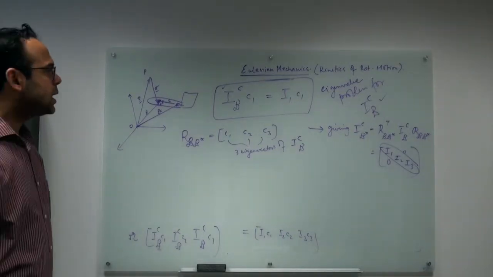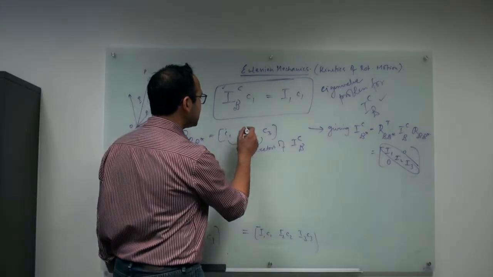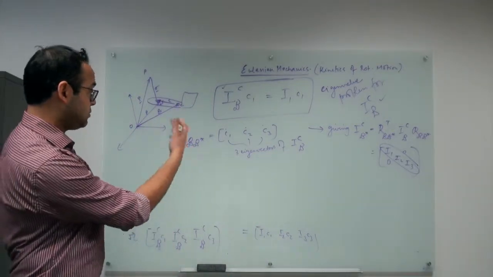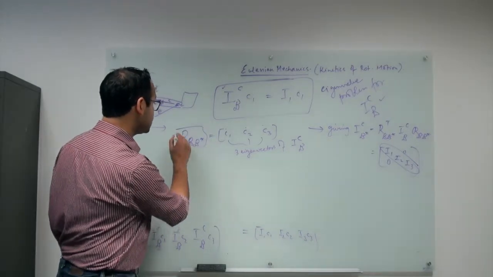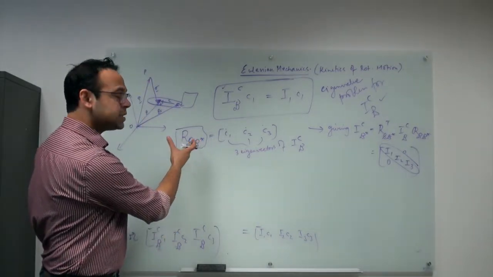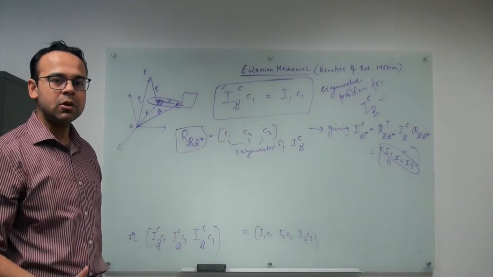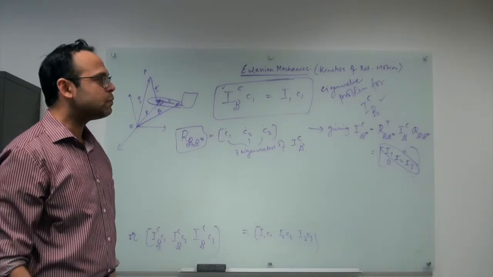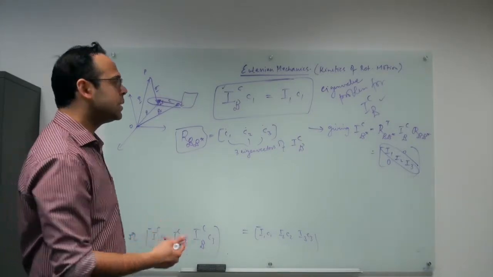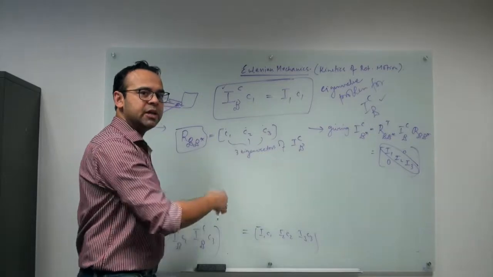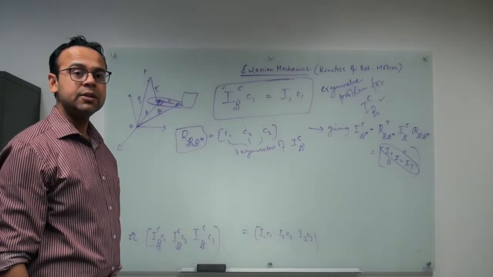But the question is, how do you know that these columns are going to be orthogonal to each other? We need that to construct this matrix, because this is supposed to be a DCM, and a DCM has special properties, right? It is an orthogonal matrix. So how do you know that when you solve the eigenvalue problem, the eigenvectors you get, when you line them up as columns of a matrix, you will get an orthogonal matrix?